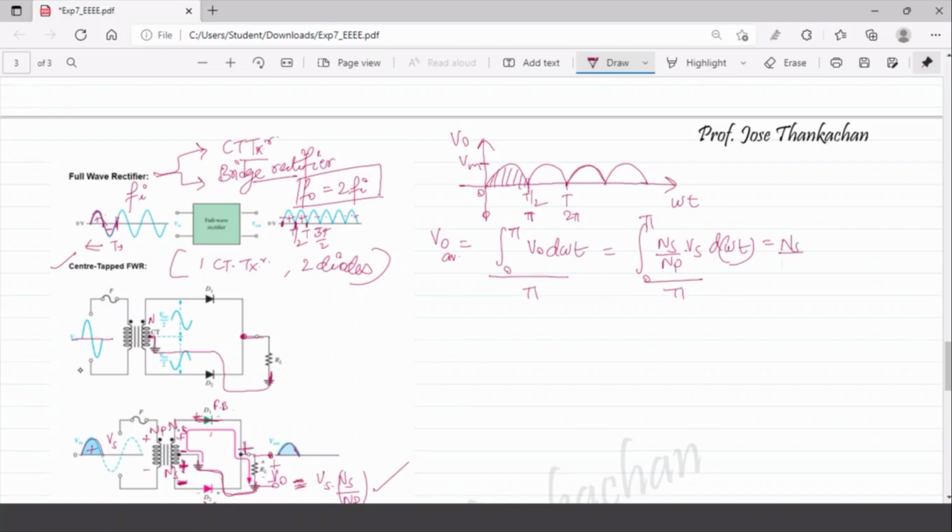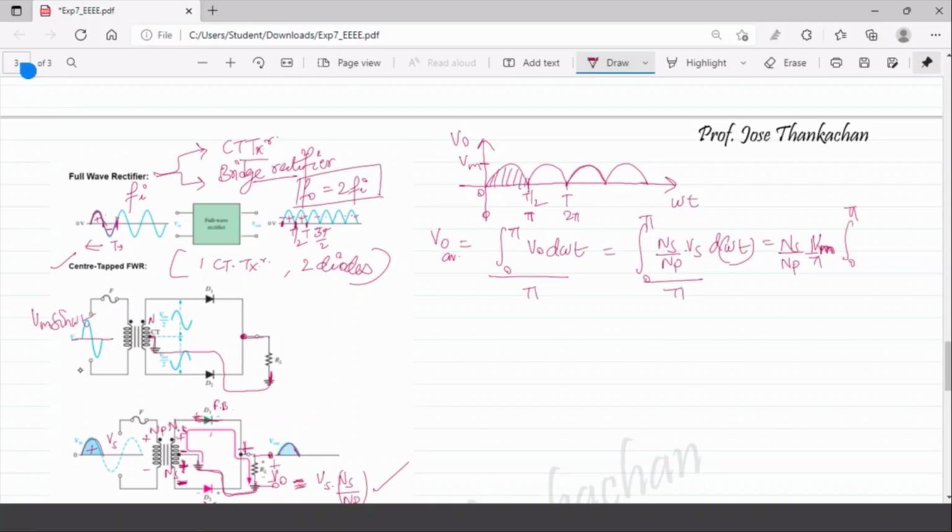Ns divided by Np divided by pi, that is also constant. Vs is nothing but Vm sin omega t. So Vm is also constant. I am taking Vm also common outside.